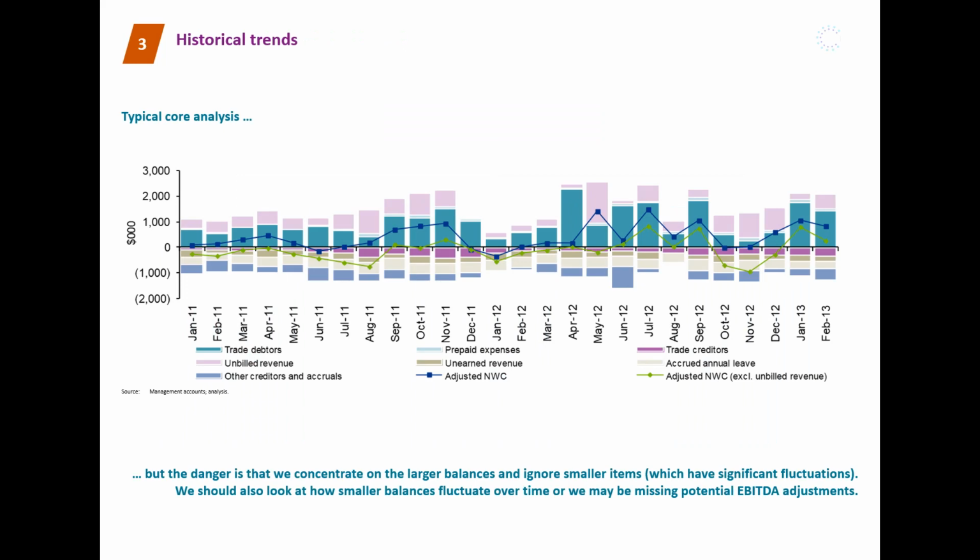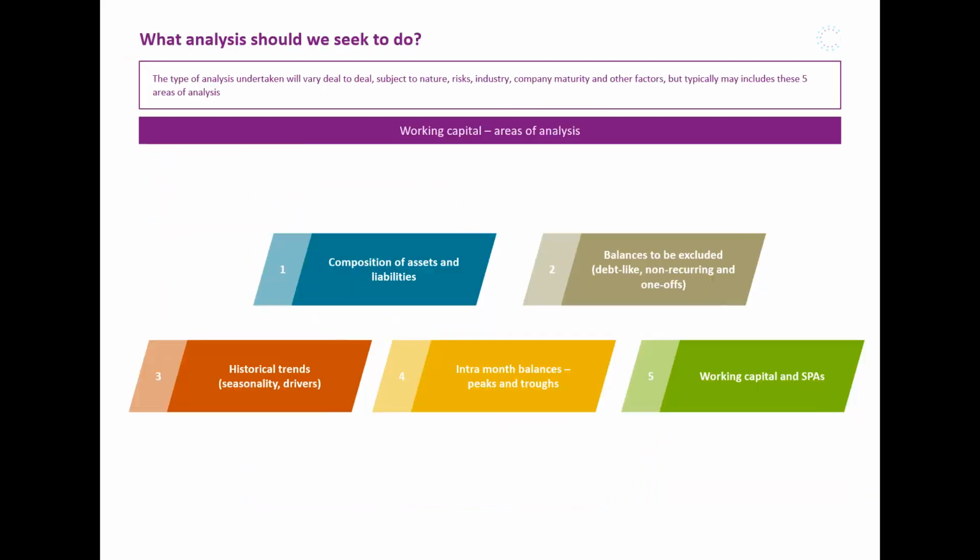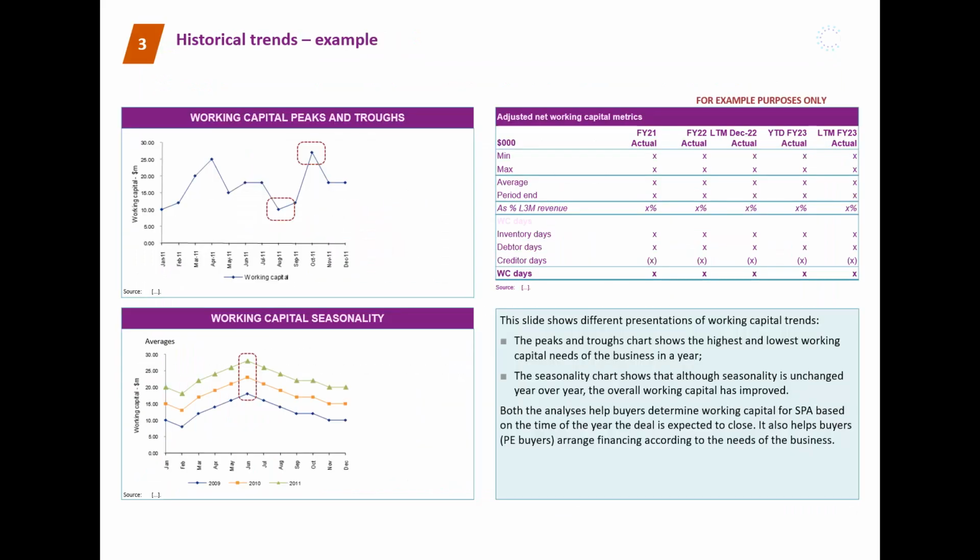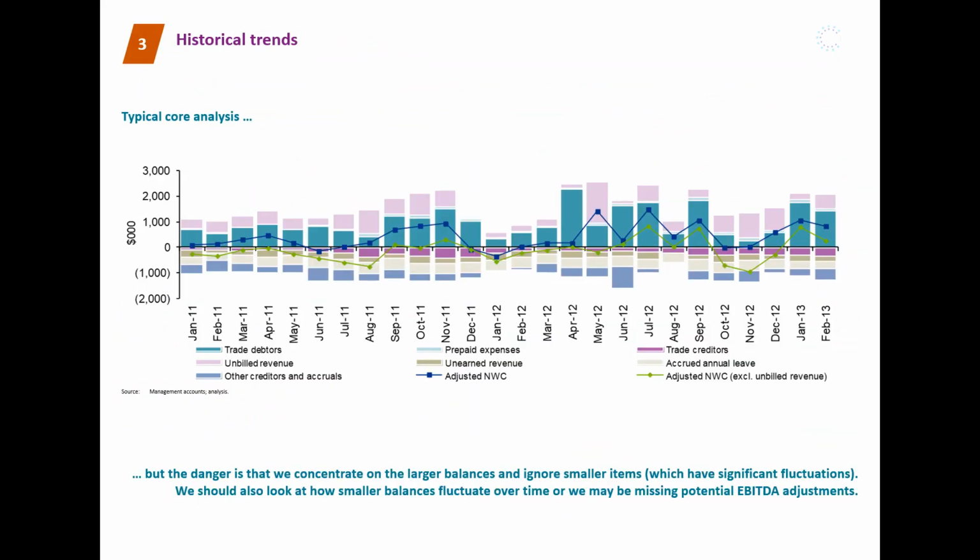Okay, so the third item that we looked at before in this slide over here is historical trends, and I might actually link in the fourth one here, which is intra-month balances as well. So if we have a look at some typical analysis, most FDDs, and you probably want to do this internally in-house as well, just for your own benefit, what you do is you grab the balance sheet on a monthly basis for every item that you've categorized as net working capital, and you might have all of them above on a monthly basis and calculate at the bottom a total of those to calculate your net working capital.